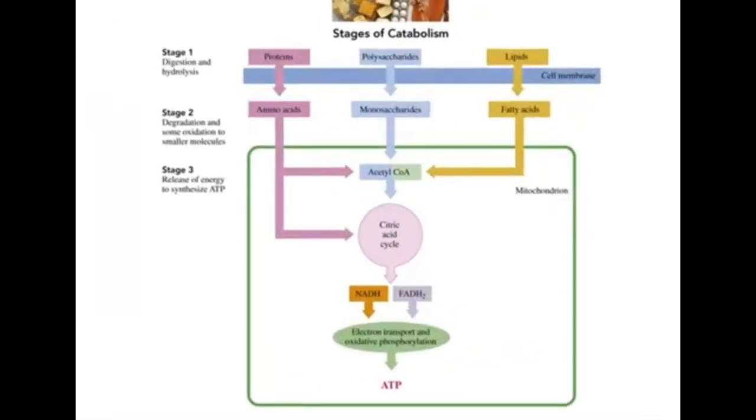So in this scheme, you can see that proteins are broken down to amino acids in the first stage, which is digestion and hydrolysis. Polysaccharides are broken down into monosaccharides in the stage of digestion, and lipids are broken down to fatty acids and also glycerol.